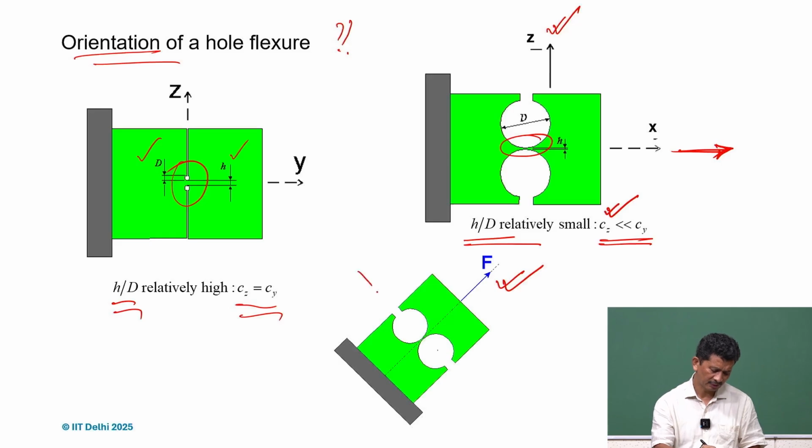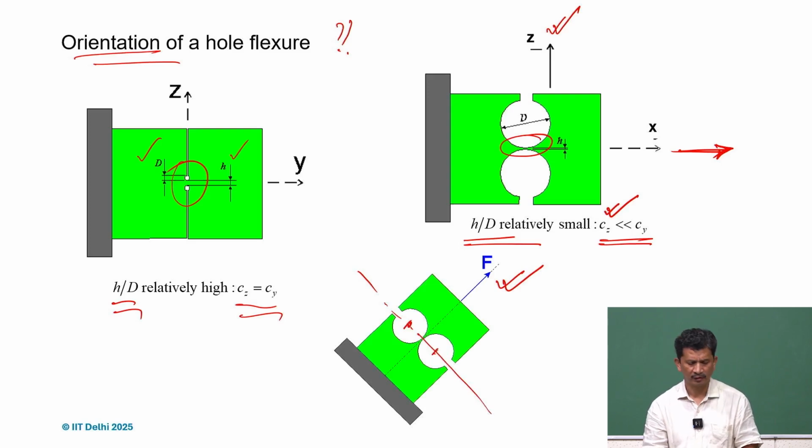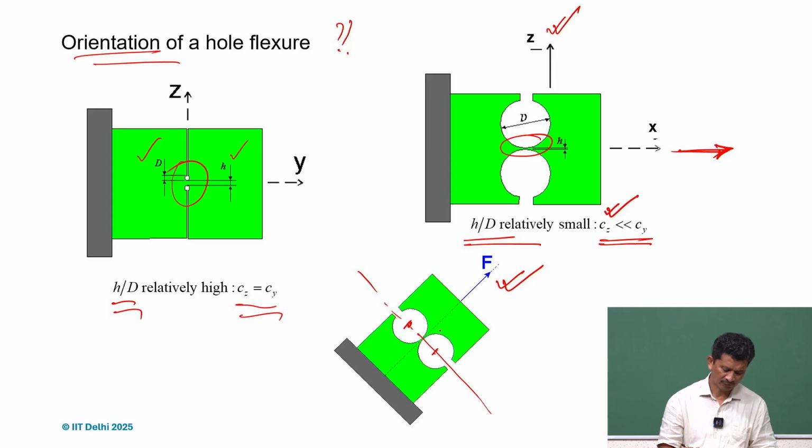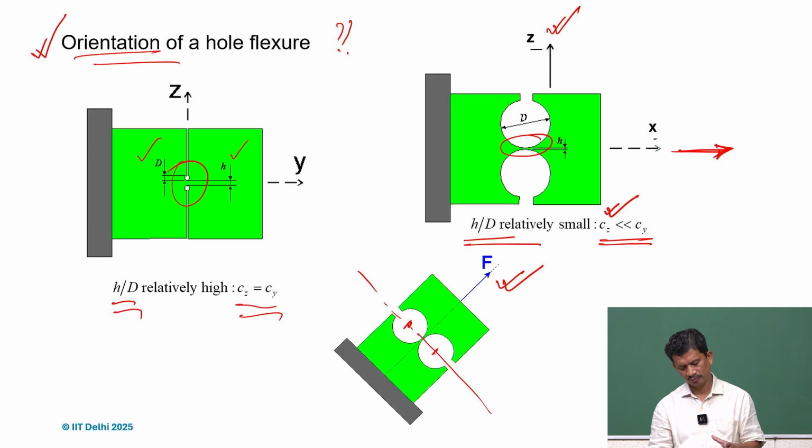Aligning the hinge means the location of the hole will be in the direction perpendicular to that F. So that's what we mean by the orientation. If we know this is my dominant force, then the direction of the holes will be in the perpendicular plane.